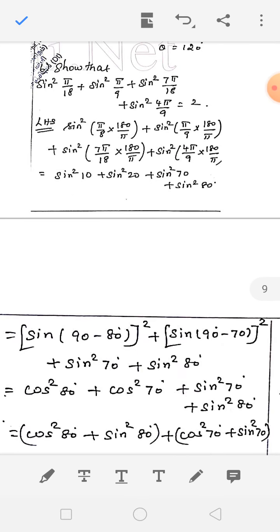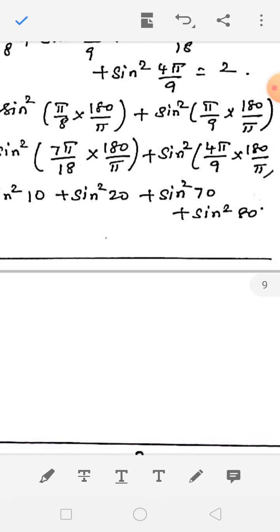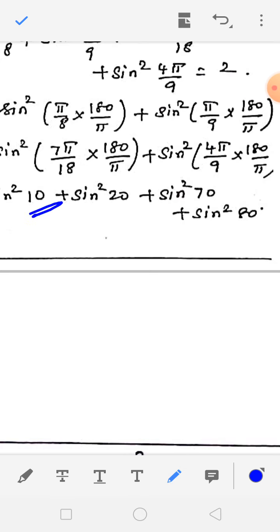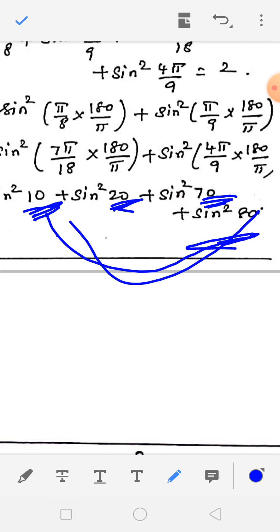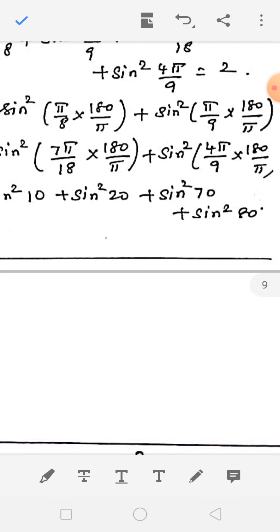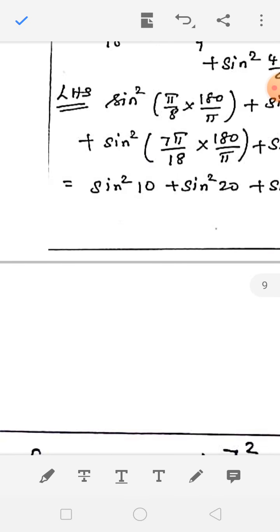Now sin² 10°, I can equate this 10 with this 70, and this 20 with this 80. Sorry, 20 as 10, 70, 10 as 90. Why? Because 10 plus 80 gives 90, and 70 plus 20 gives 90. So how can I write sin² 10°?